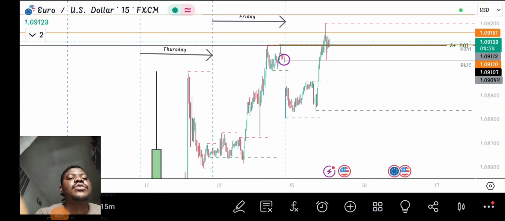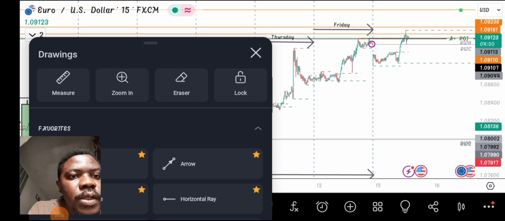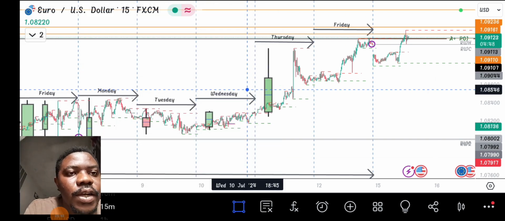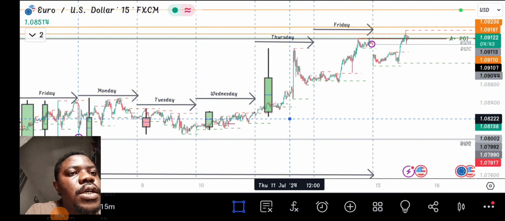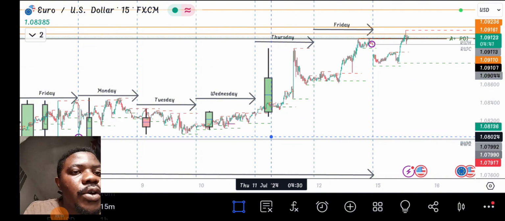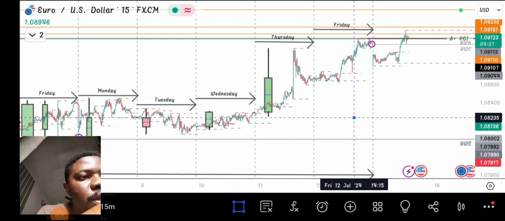So now you know the drill guys. We want to draw our rectangle from the open we got to the close. So this is our open line here. Let me zoom it a little.